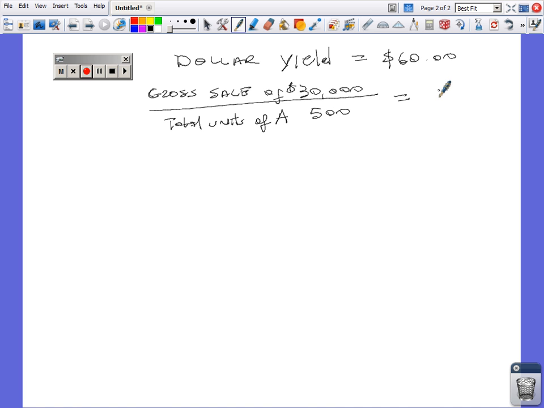And remember, what this $60 tells us is the relationship: 1 unit of A will produce $60 in sales.